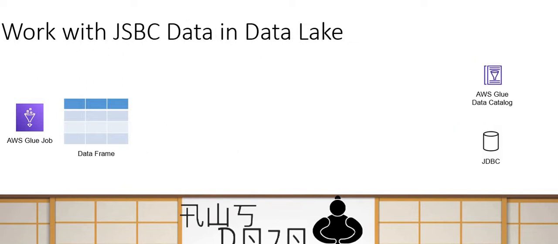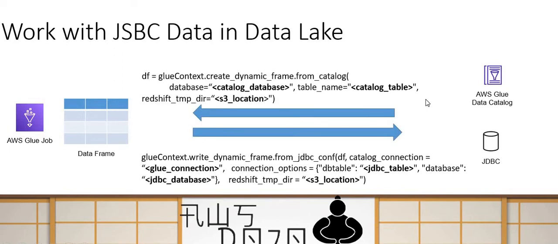Similarly, if I take an example with any JDBC endpoint, and sorry for the typo over here, I'm making a lot of typo mistakes nowadays, but if you're using a JDBC endpoint, your code again looks similar. You can see my reading is again the same way.